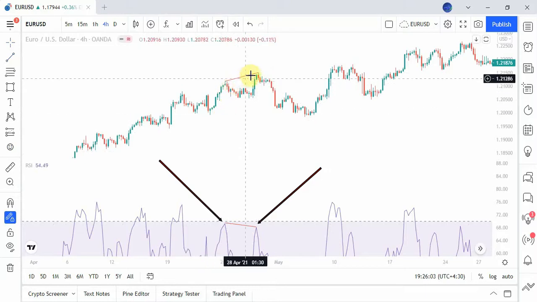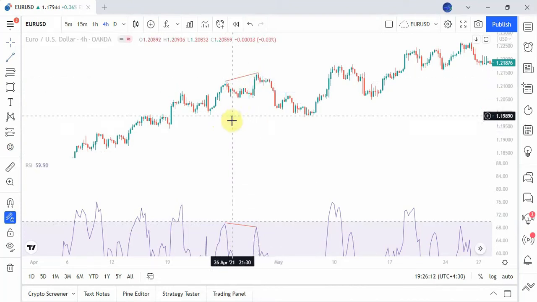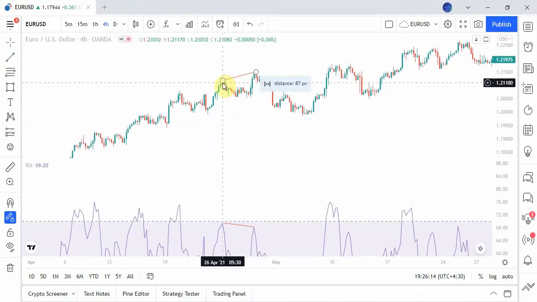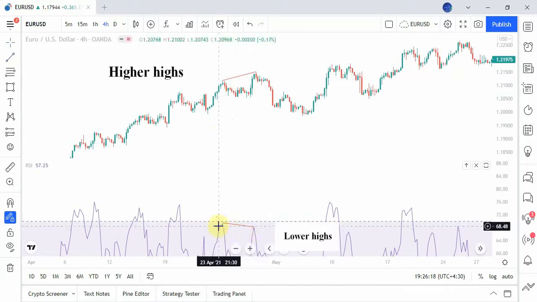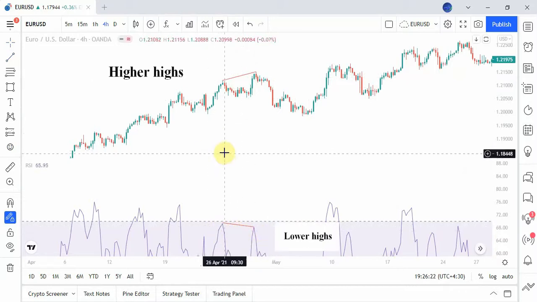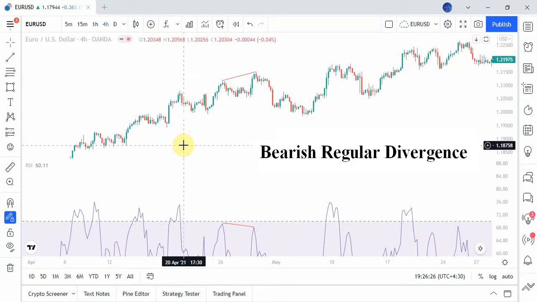And here, right here, another high. On price chart, here we have higher highs, but on RSI indicator we have lower highs. Therefore, we have a bearish divergence right here. And as you can see, the price pulls down after this divergence.